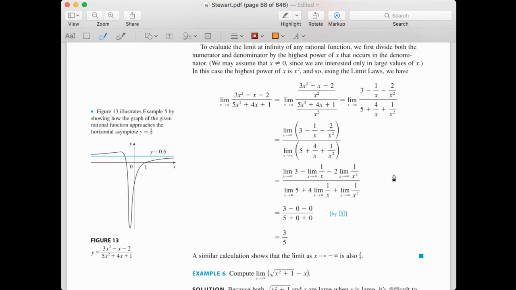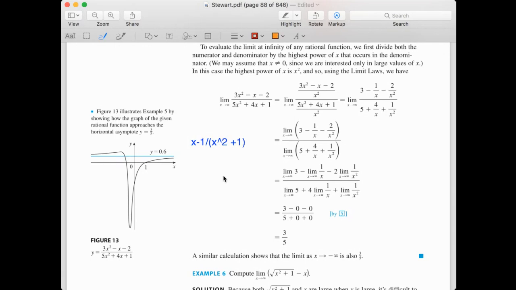Okay, I have a question here. The question is, what if the numerator and the denominator's highest powers are not the same? That's good. Let's think about one example. Maybe the rational function is x minus 1 over x squared plus 1.